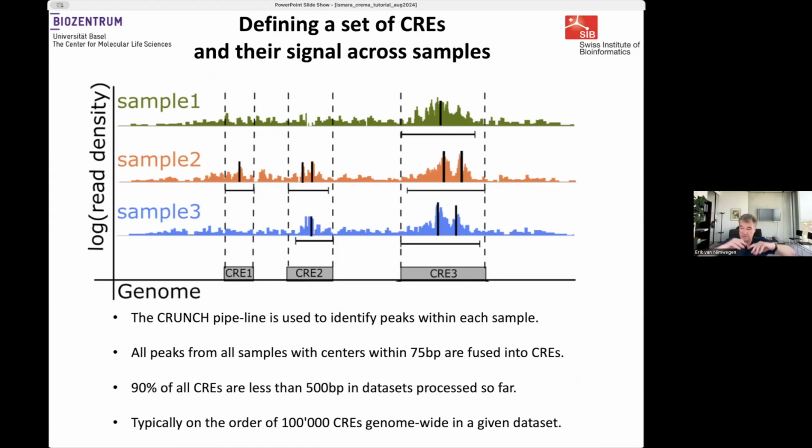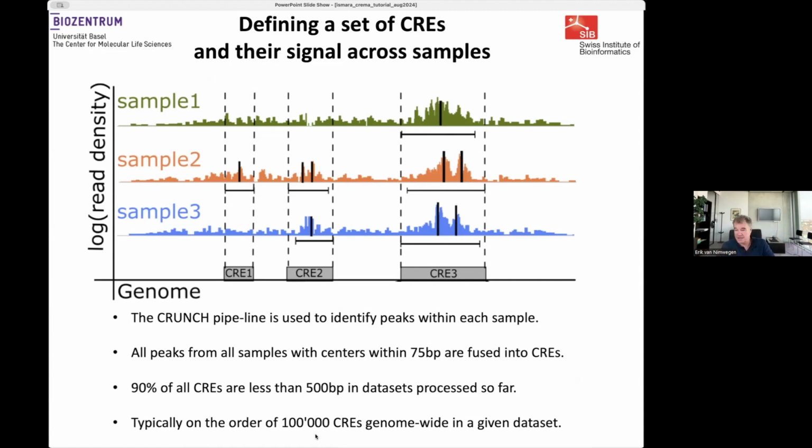And so we end up with a list of CREs that are all the regions that had significant either openness or the mark, depending on what kind of data it is, in one of the samples. If we do this, we find that typically more than 90% of the CREs have a length less than 500 base pairs, which is consistent with how big we think CREs should be.